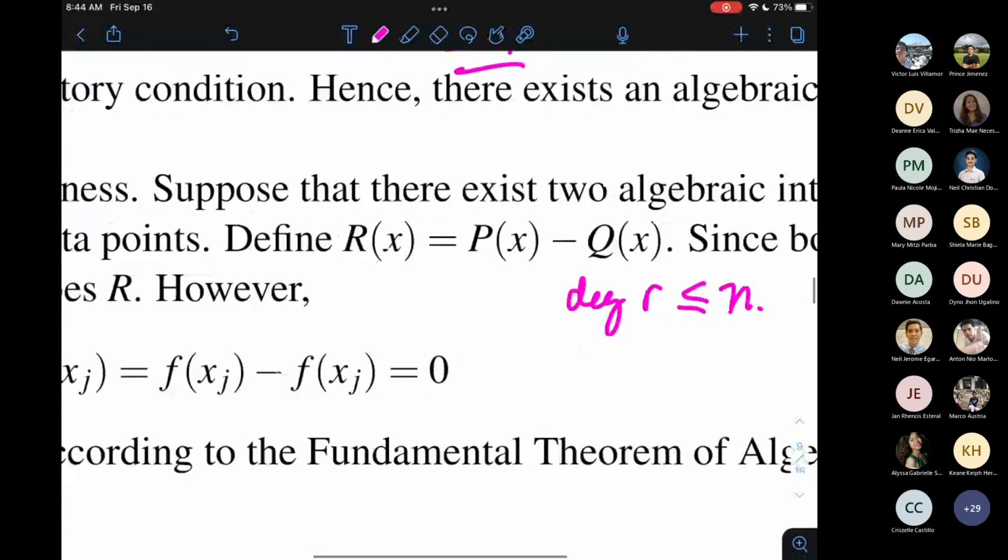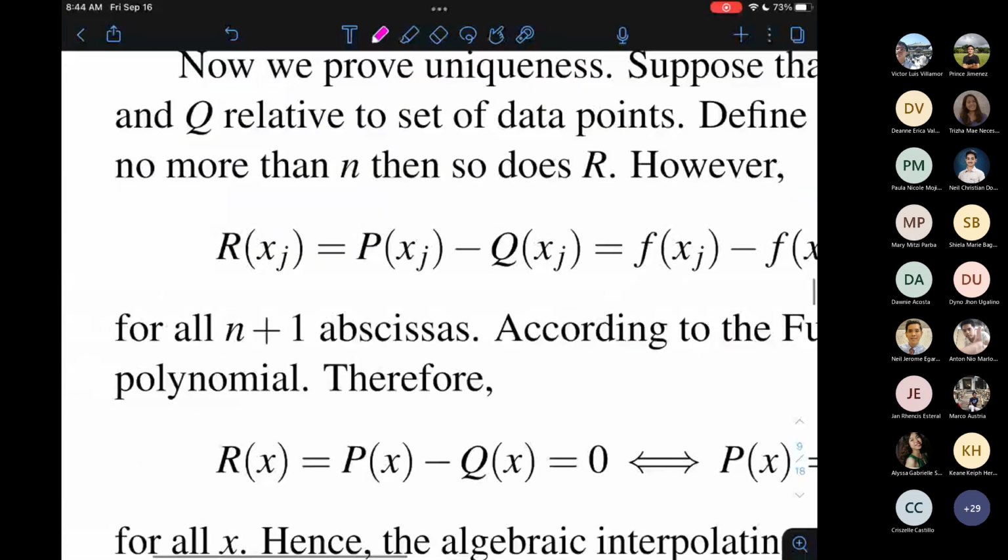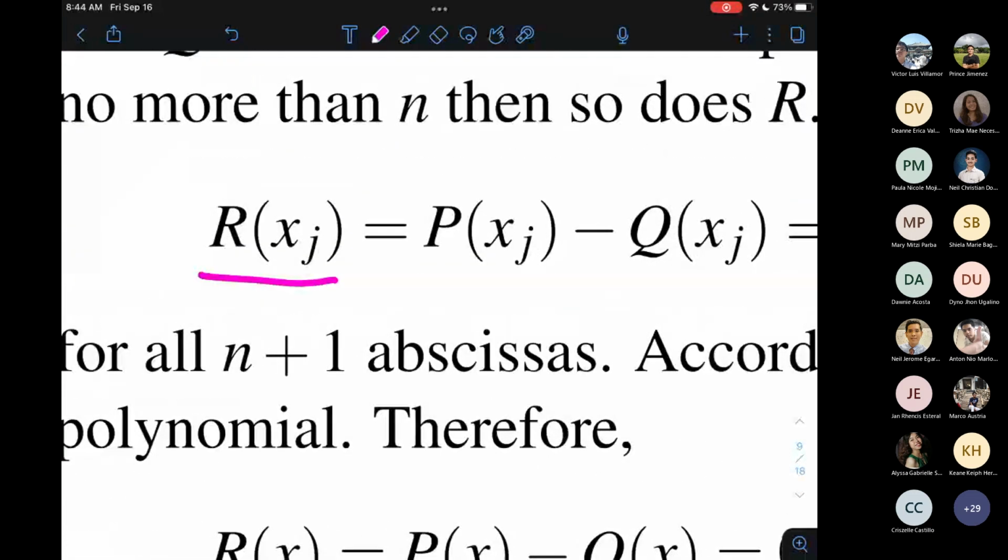Tapos tingnan natin. Kapag kay R, pinlug-in ko yung bawat isa dun sa mga abscissas, I plug into R each of the x sub j's, j going from 1 to n plus 1. Makukuha ko ay P of x sub j minus Q of x sub j. Saan equal yung R of x sub j na yan? Can you simplify this difference?